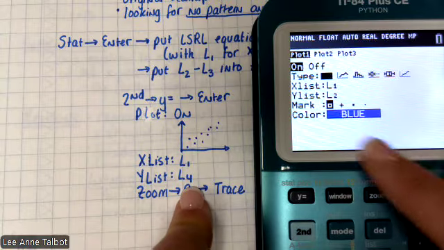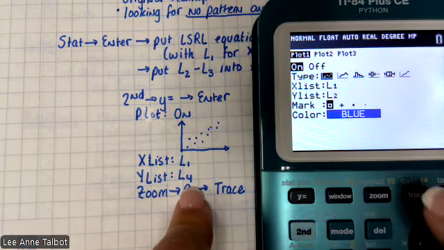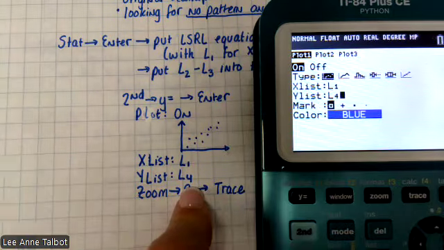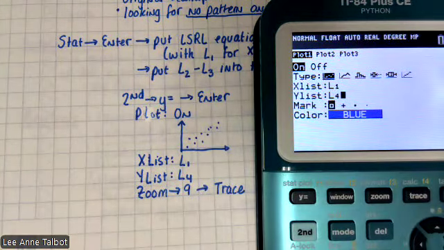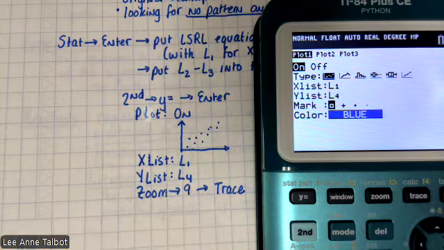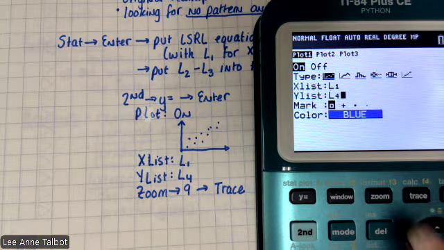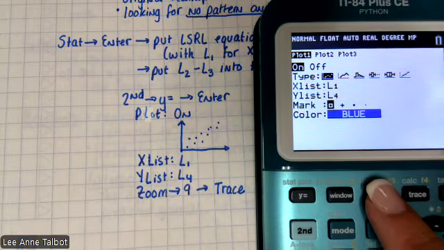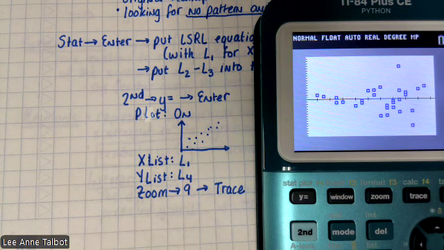And instead of doing L1 and L2, you need to set it up to do L1 and L4 because it's doing the X's and your residuals. And then zoom 9. Ah, there's my fear.